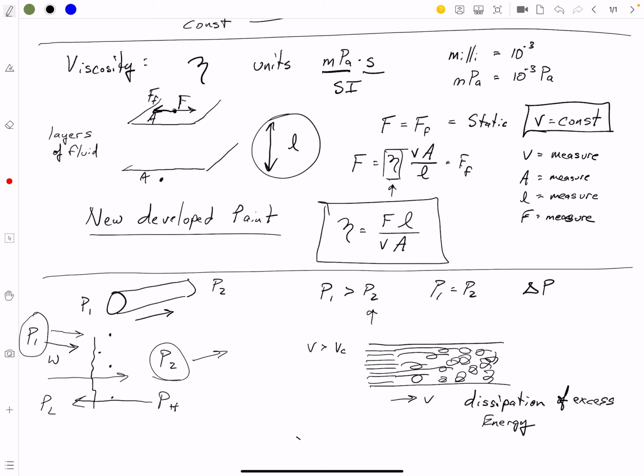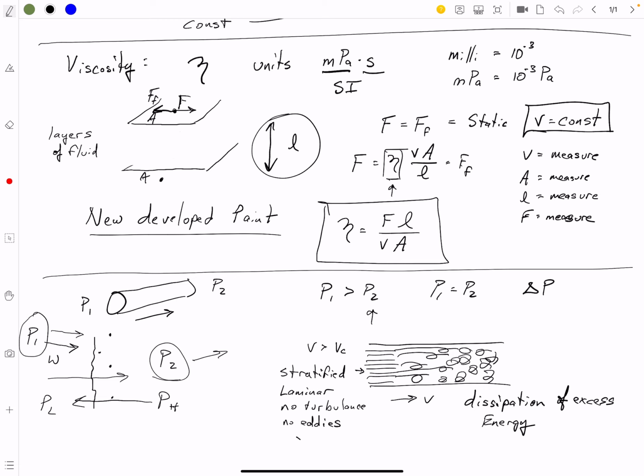So here we have stratified, no turbulence, laminar, no turbulence. These are just synonymous things. No eddies.